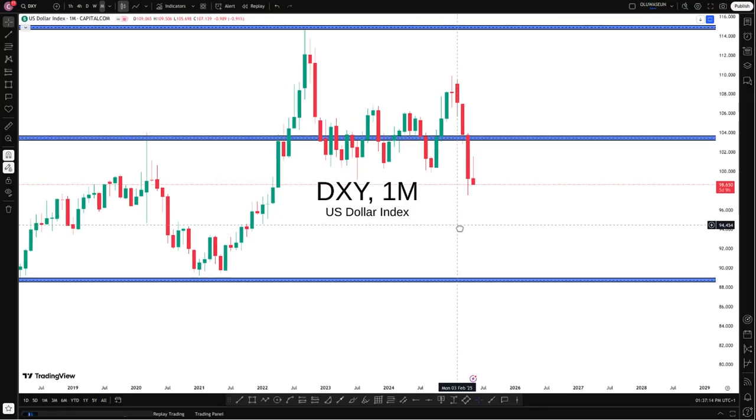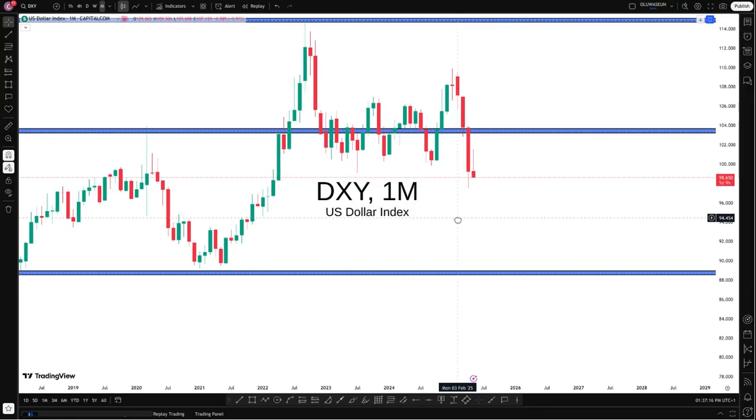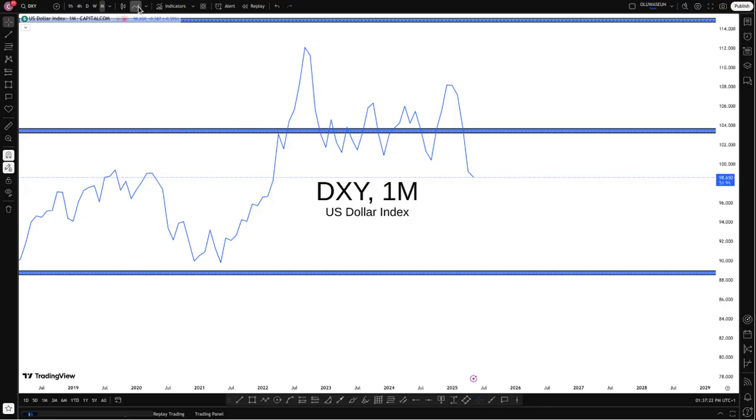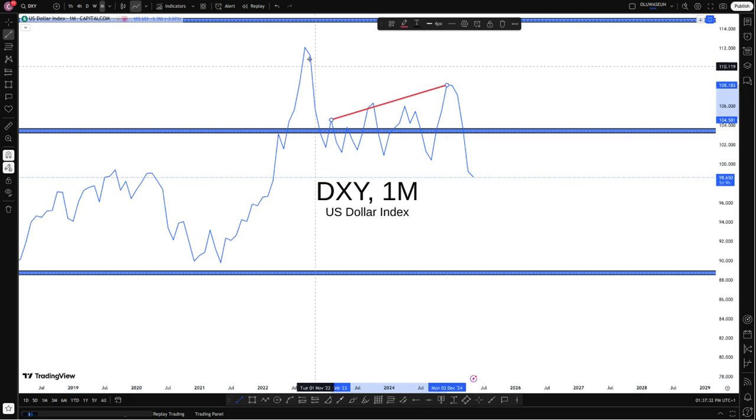Now I have a secret recipe that I usually like to see on a higher time frame, which is changing it into chart. Now if I change this into chart, I quickly see that we have a push to the downside, and we have a lot of exhaustion here.